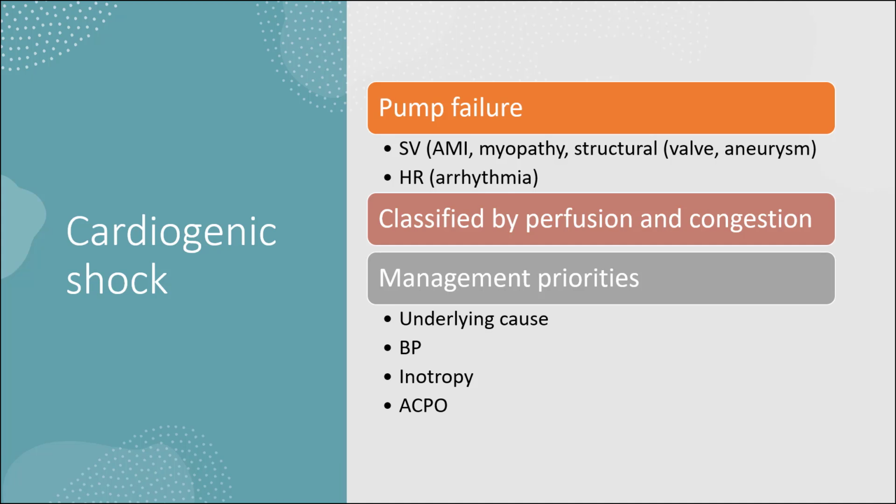One is the management of blood pressure, and we discussed whether fluids may or may not be helpful in that setting, and the cautions that we would undertake if we were to use fluid therapy. We talked about metaraminol for the control of blood pressure, and then we discussed inotropy and the use of adrenaline in particular, and how that may also be a two-edged sword in terms of it producing tachycardias and ischemia.